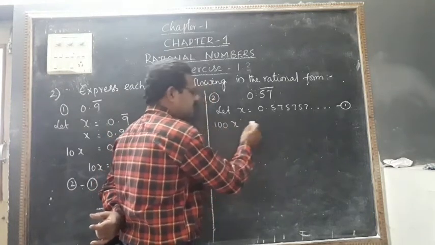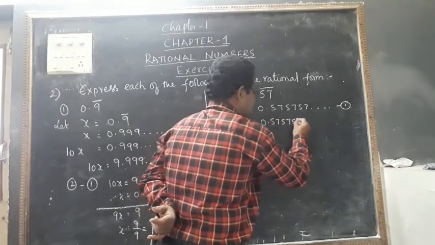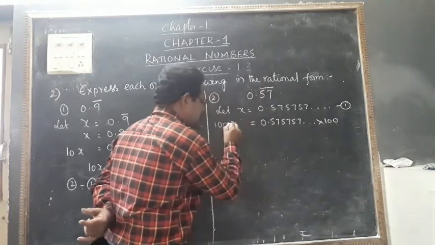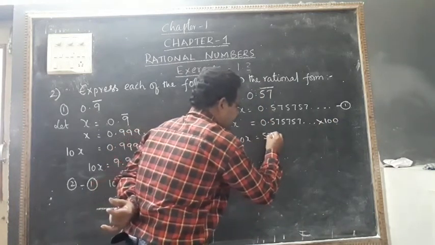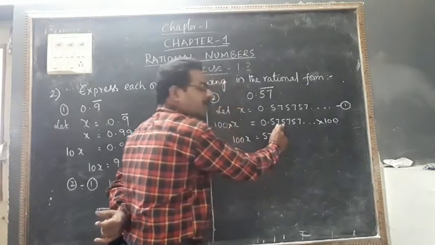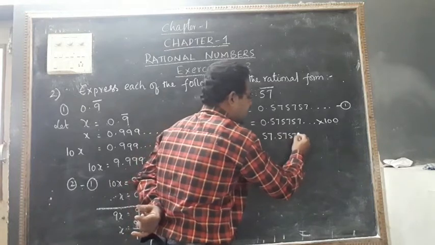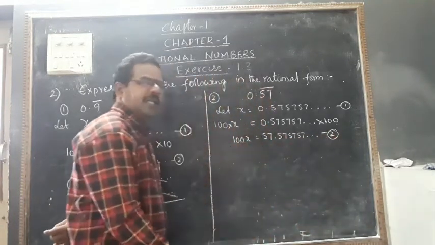Means 100 into x is equal to 0.575757 up to so on into 100. 100x is equal to 57, the point will be jumping 2 digits, 57.575757 up to so on. This can be taken as second equation.